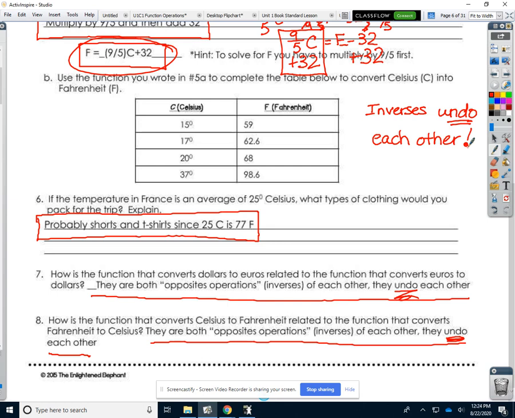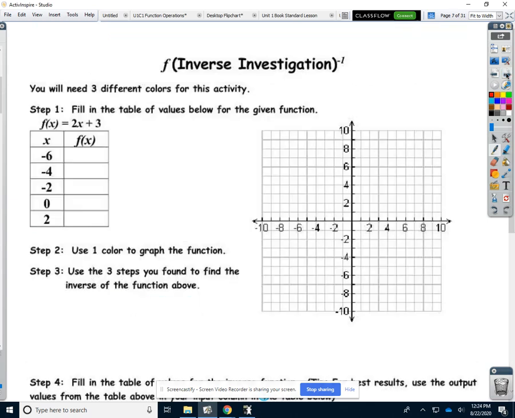I might think about inverses undoing each other, like doing things that are opposites. So instead of putting on my shoes, taking off my shoes. Just things that undo each other. In math, we're talking about functions that undo each other. So we're going to investigate inverses a little bit more.